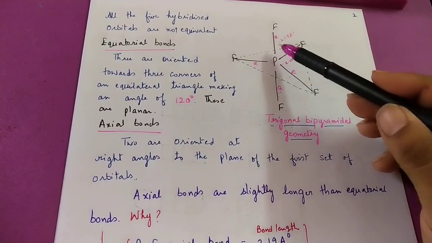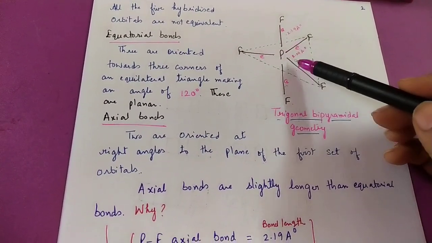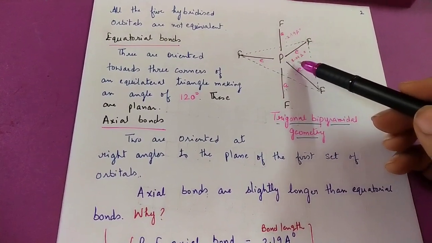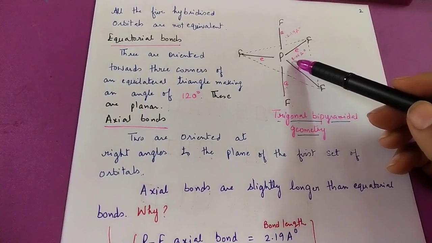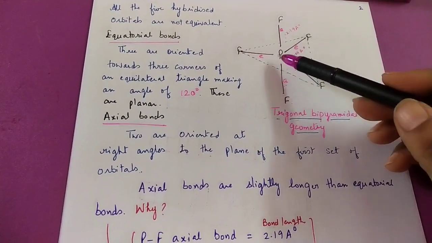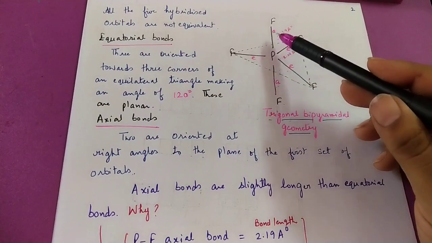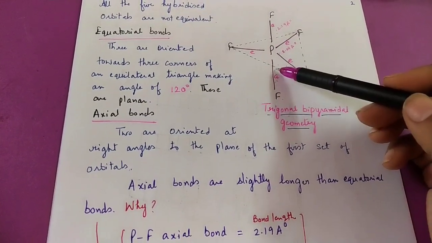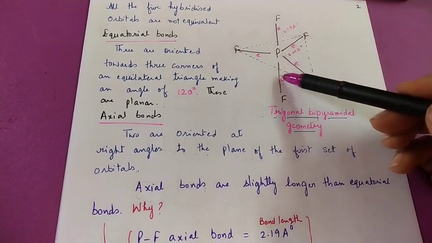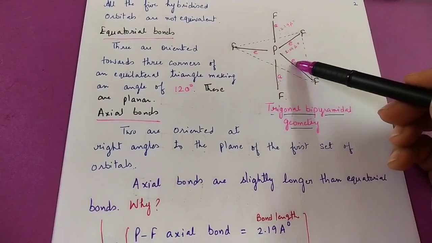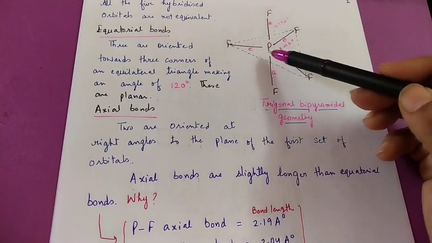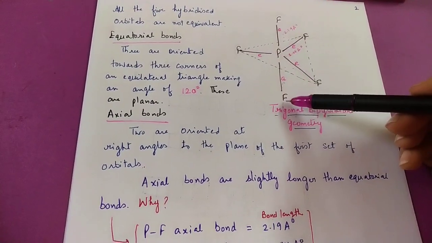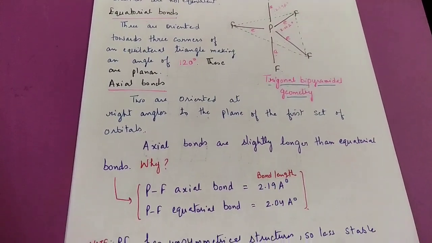On the other hand, for the equatorial bonds there are only 2 bond pair repulsions. So repulsions in the case of axial bonds are more than for the equatorial. That is why, to stabilize, they become longer.